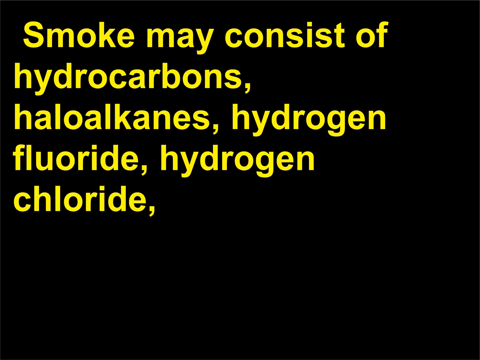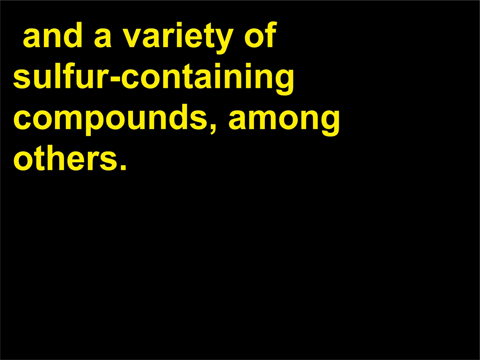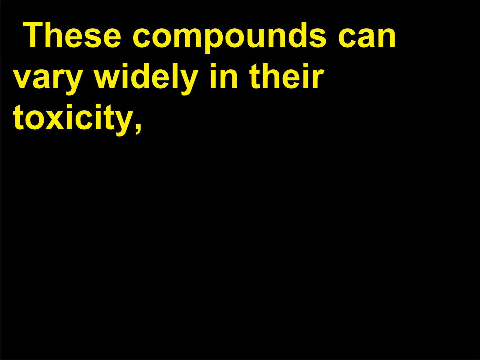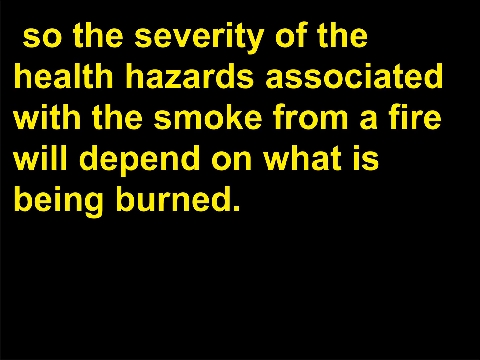Smoke may consist of hydrocarbons, haloalkanes, hydrogen fluoride, hydrogen chloride, and a variety of sulfur-containing compounds, among others. These compounds can vary widely in their toxicity. So the severity of the health hazards associated with the smoke from a fire will depend on what is being burned.